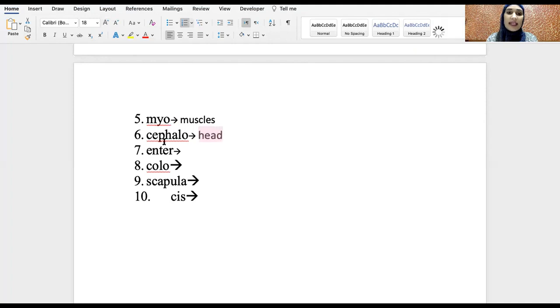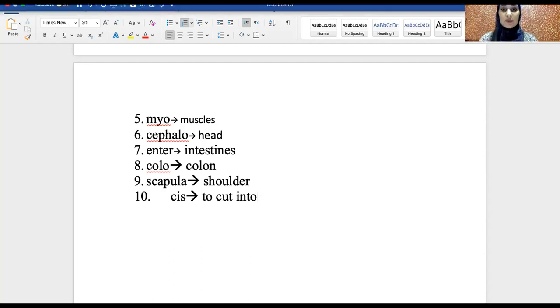And as we said, encephalon refers to the brain. Entero refers to the intestines. Colo refers to colon. Scapula refers to shoulder. And cis means to cut into.